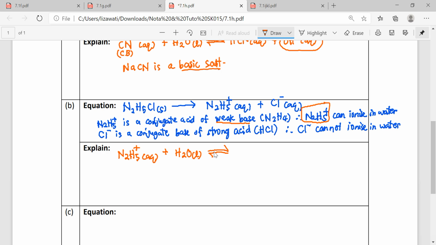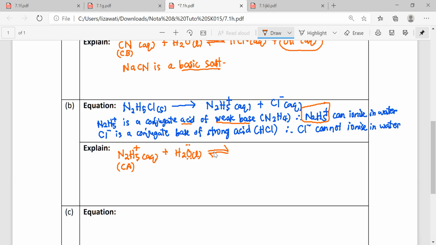Since N2H5+ reacts as a conjugate acid, it can donate a proton to H2O. Since H2O has a lone pair, it can accept a proton from the conjugate acid.